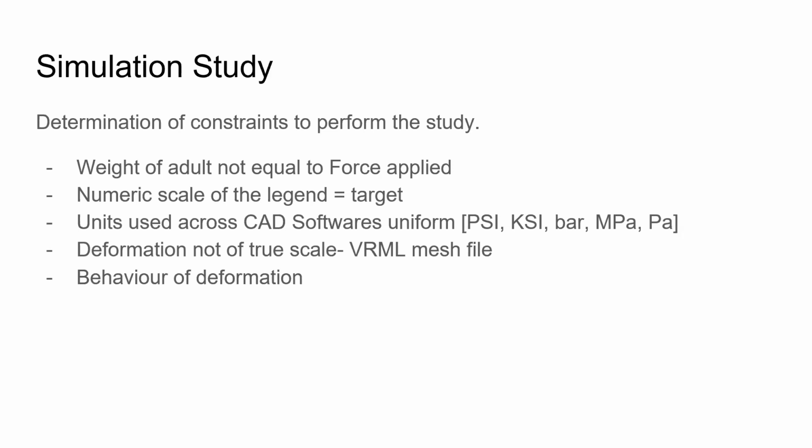Another constraint, not constraint per se, but something that provided a finite number of cases to work with, was units across CAD softwares. Multiple CAD softwares were uniform. There were about 5 units: PSI, KSI, bar, megapascal, Pascal. So this allowed us to determine the number of sets of iterations we had to go across each proposed model we had.